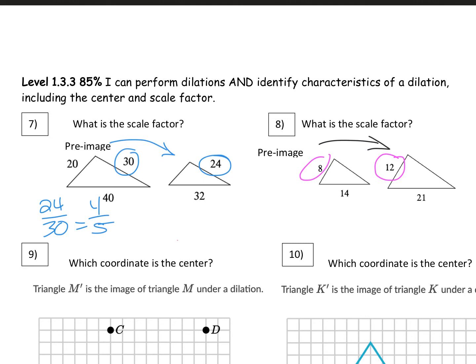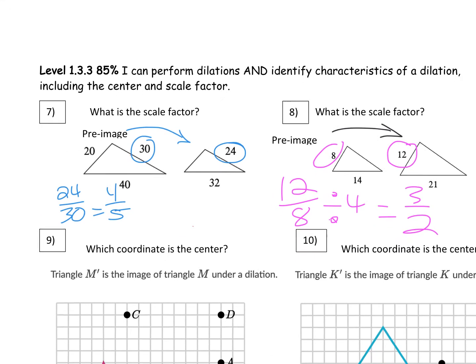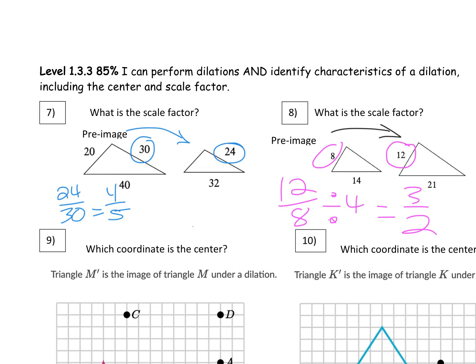Put the smaller number on the bottom because we're looking for a scale factor that's larger than 1. So a common factor for those would be 4. So your scale factor would be 3 over 2. Questions about number 8? All right, so there will be one scale factor question, exactly like number 7 or 8.